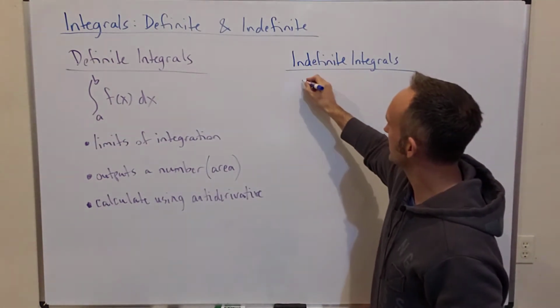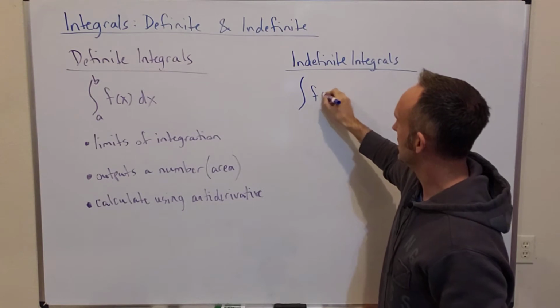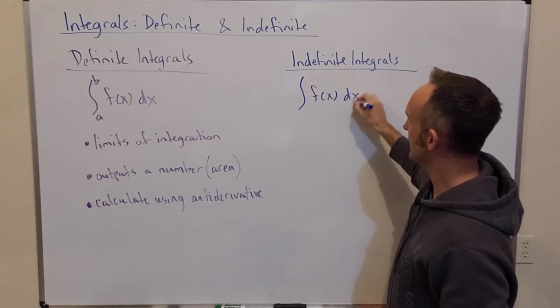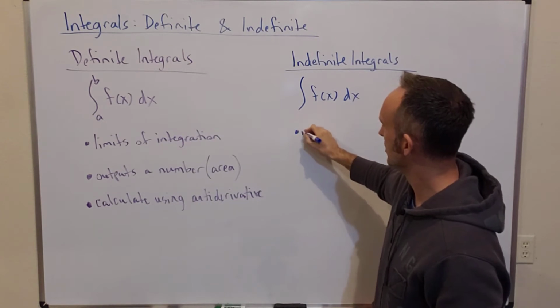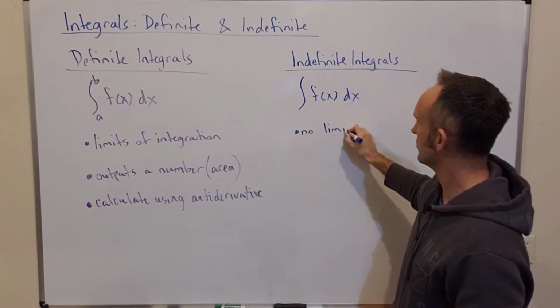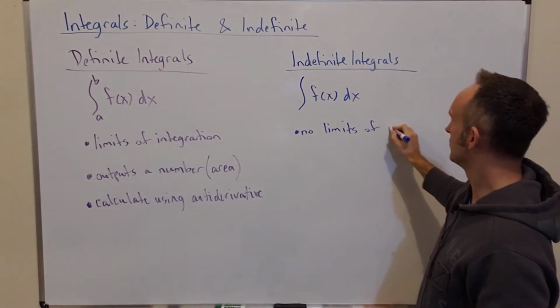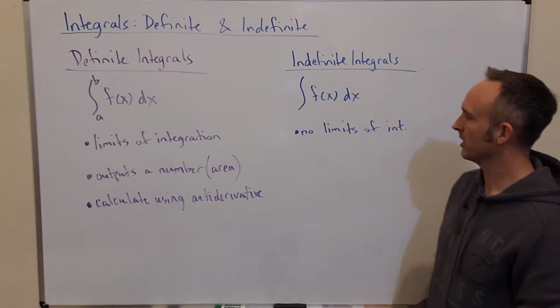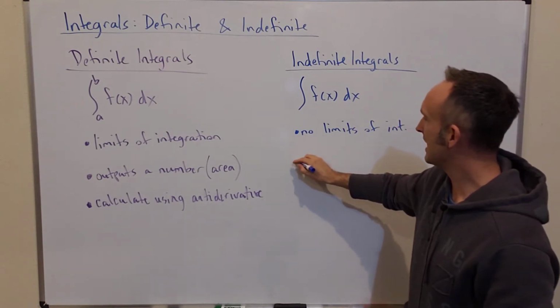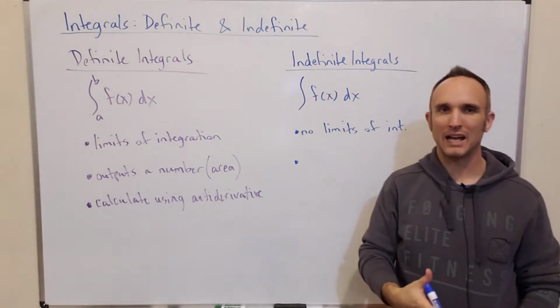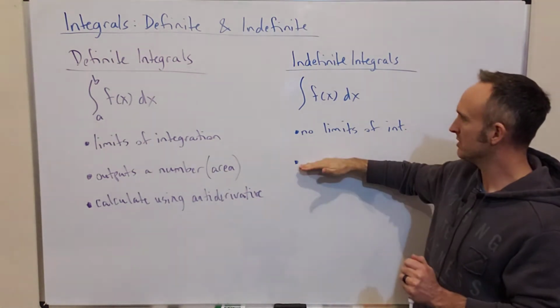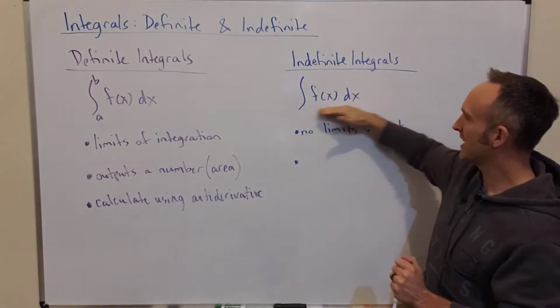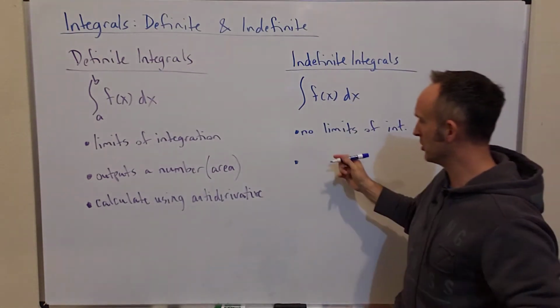So it's just written as the integral symbol, f of x dx. The first bullet point is: no limits of integration, okay? And what an indefinite integral outputs is a function. It outputs the general antiderivative of this function.